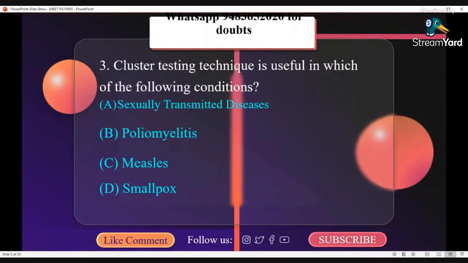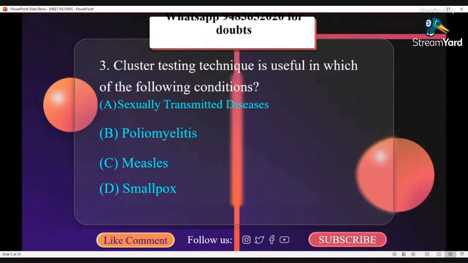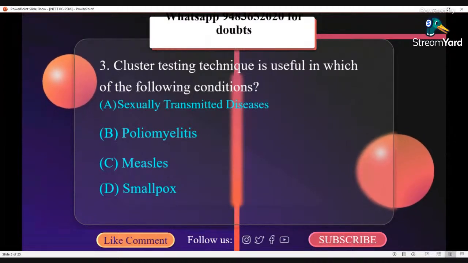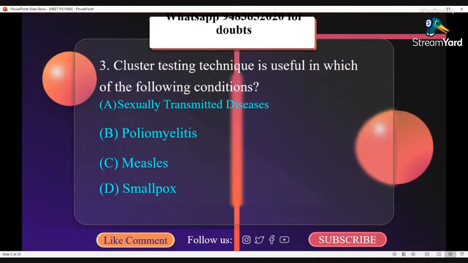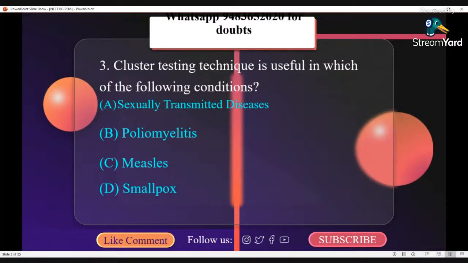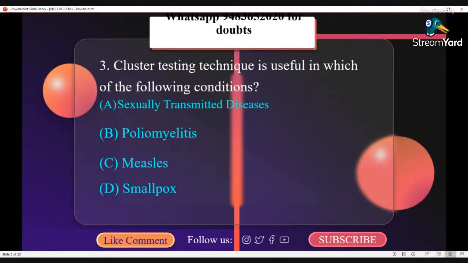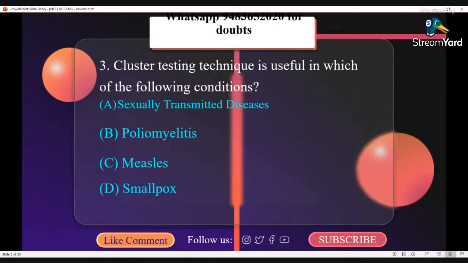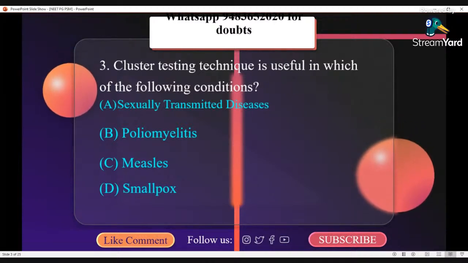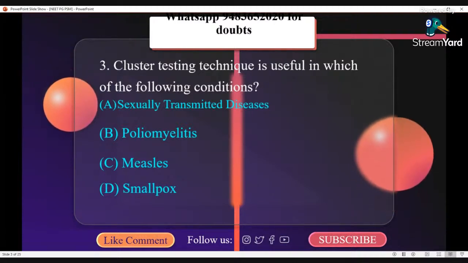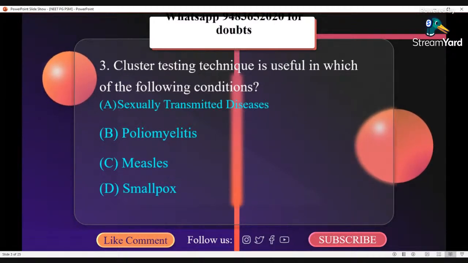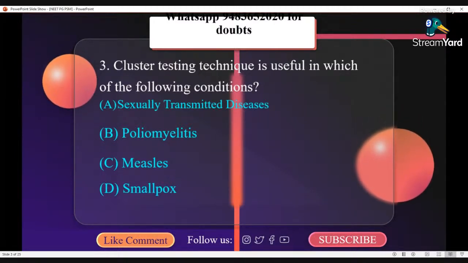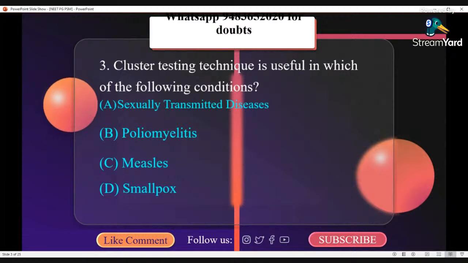Cluster testing technique is useful in which of the following conditions? A, sexually transmitted disease, B, poliomyelitis, C, measles, and D, smallpox. Cluster testing. Have you heard of this terminology? What is cluster testing? Here, the patients are asked to name other persons of either sex who move in the same socio-sexual environment.